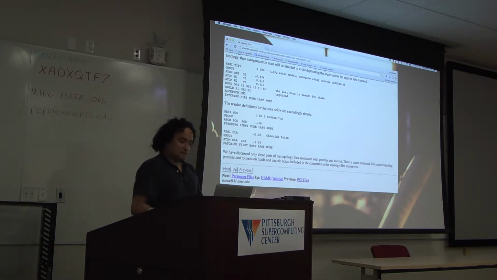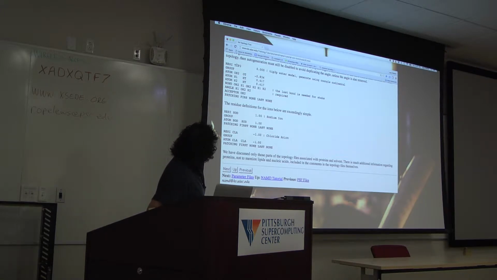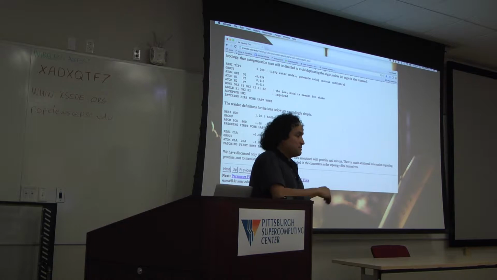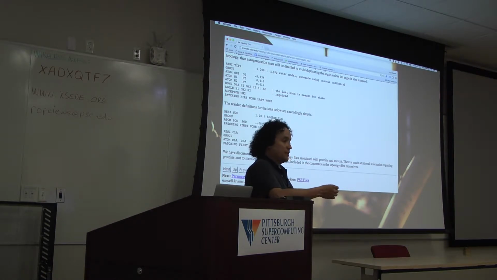Something that is missing from this tutorial, I don't know if I have the latest version, is that there has been a debate in the field, and there have been corrections to the force field, for instance, on how ions interact with carboxylic groups. There are different ways that these issues have been overcome, and those are now called the NB fixes. They stand for non-bonded fixes.